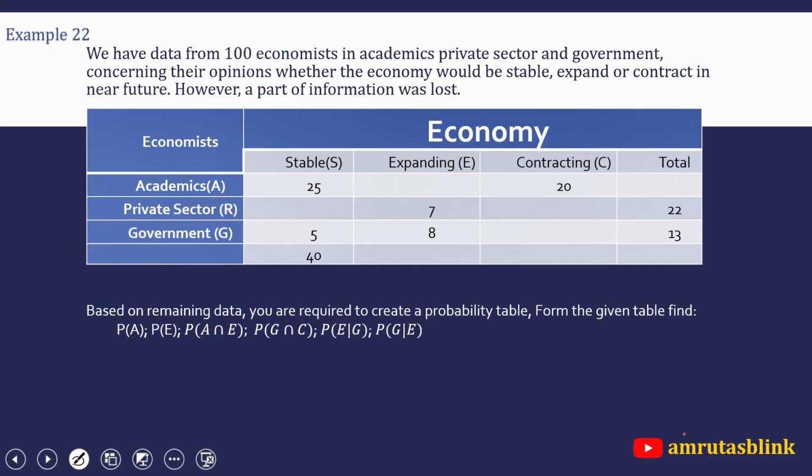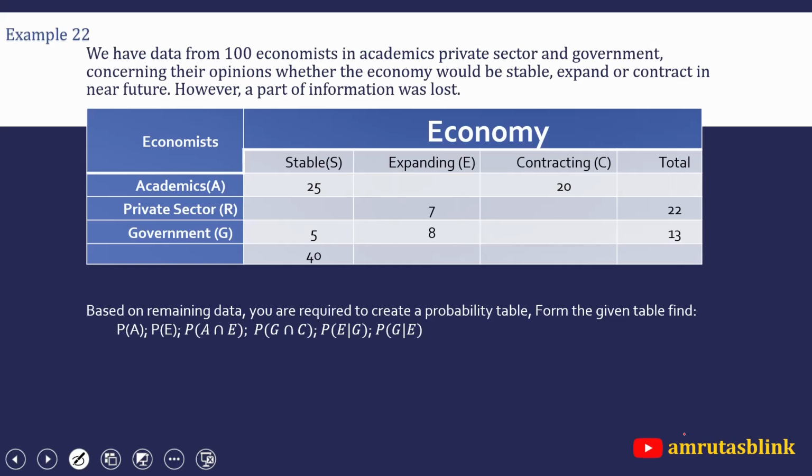Now the table is given for economists: academicians A, private sector R and government G. For stable we have 25 academicians and 5 government. Total is given as 40. For expanding there are 7 private sector and 8 from government.